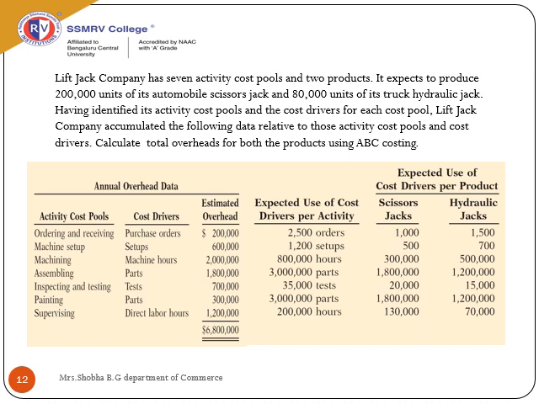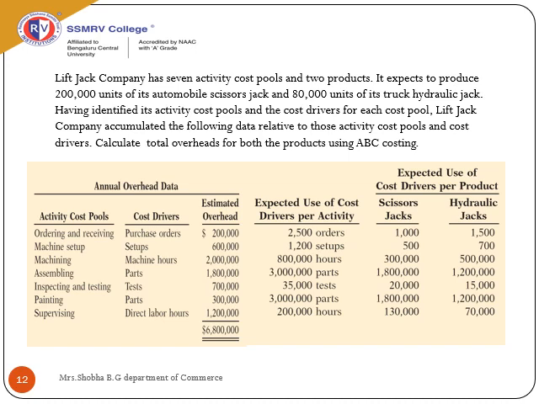The next one is cost drivers. Under this cost driver you can find out how the activities are going to be costed. That is, for ordering and receiving of material, we are going to identify the cost based on purchase orders. Then machine setup will be calculated based on the number of setups.